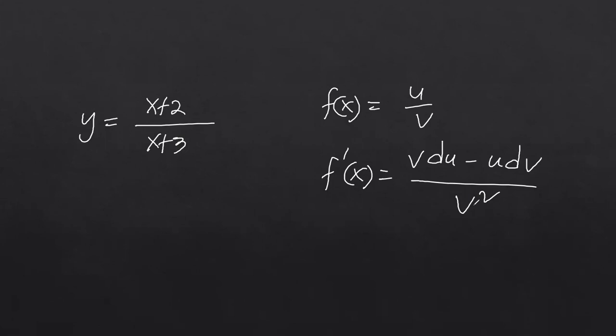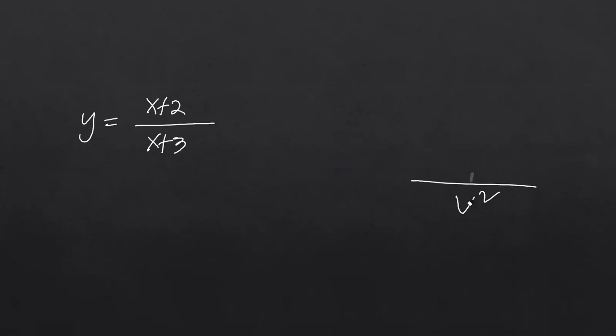Actually, there are some more techniques that you can use in finding the derivative of a quotient, aside from using this quotient rule. You can also apply the natural logarithm. But before that, let us review.